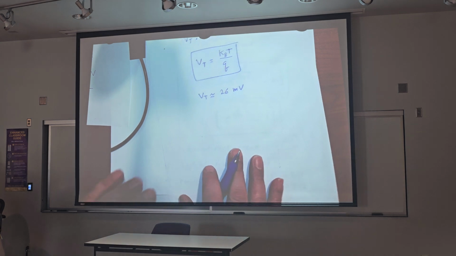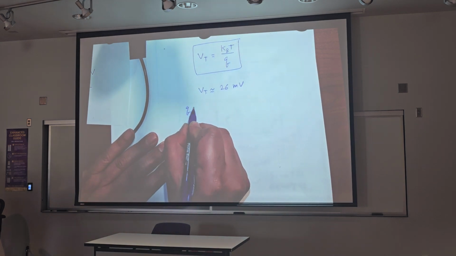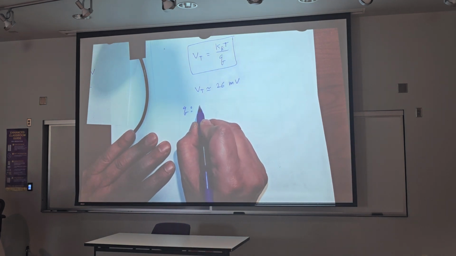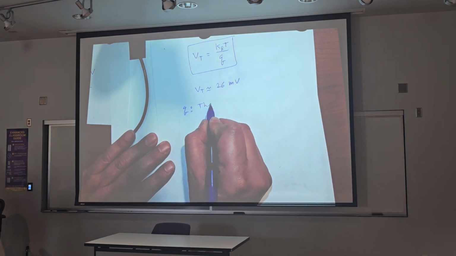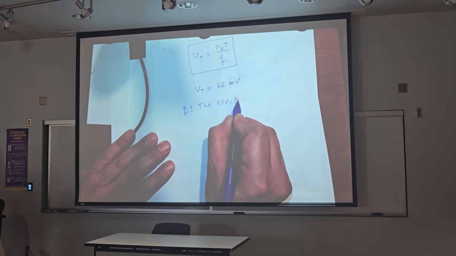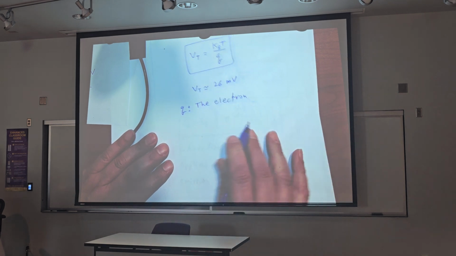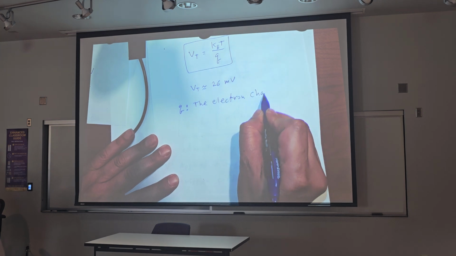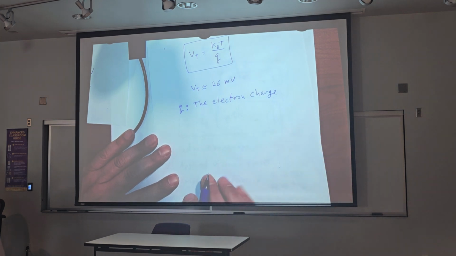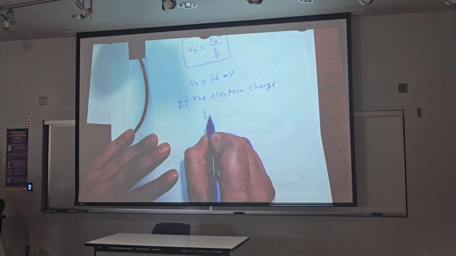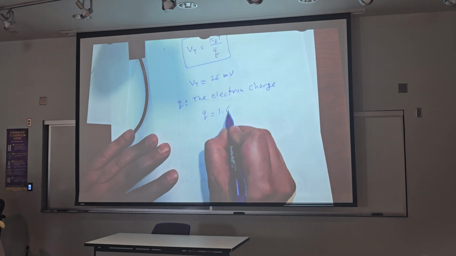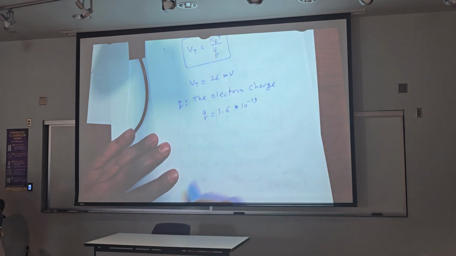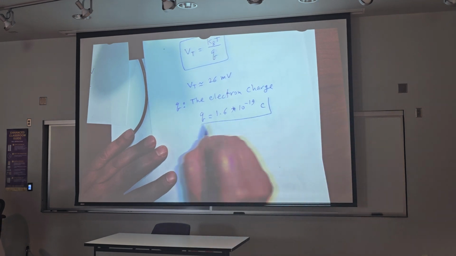Now Q is the electron charge. And Q equal 1.6 times 10 power minus 19 coulomb.